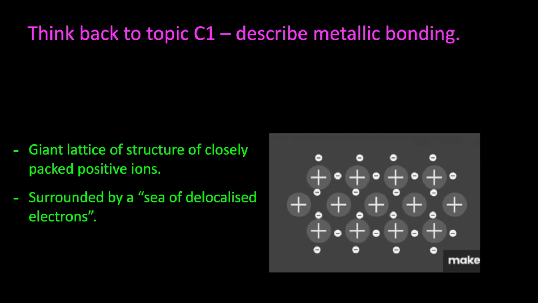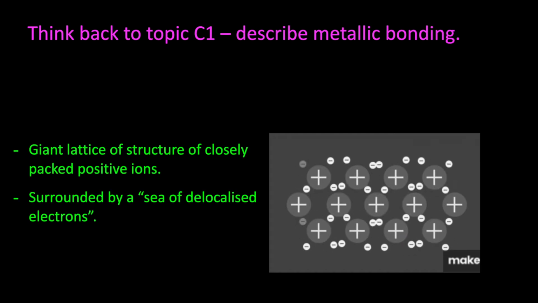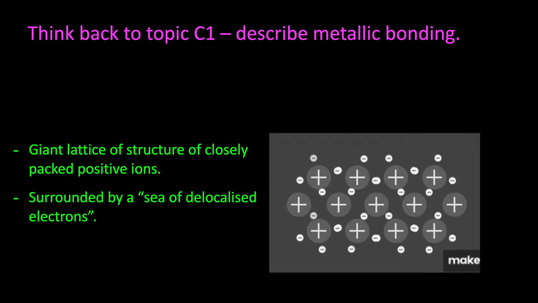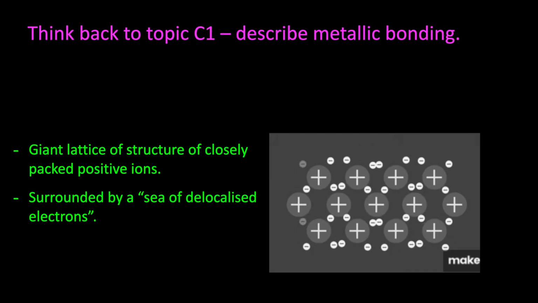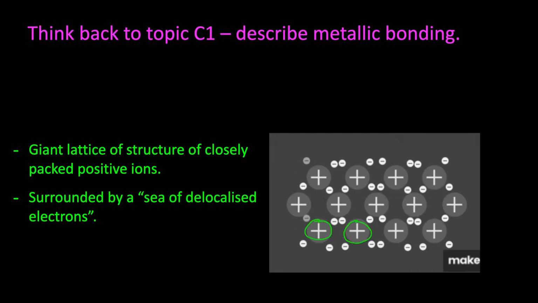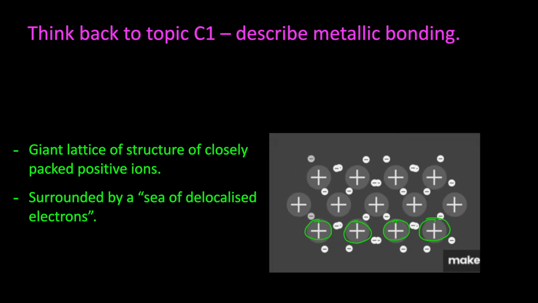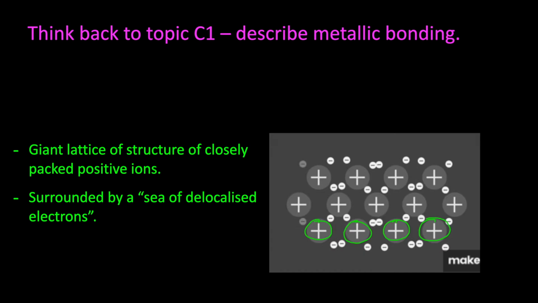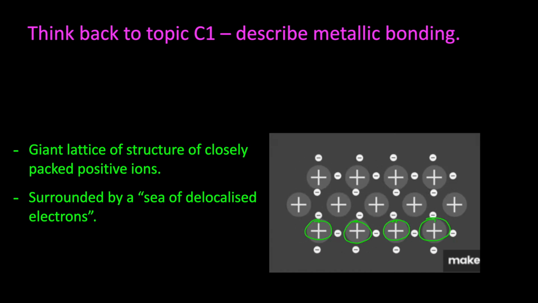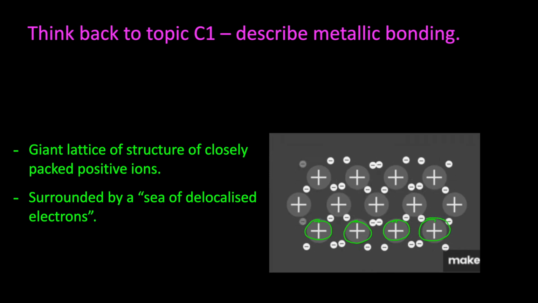The first is that it's a giant lattice of closely packed positive ions. And these are regularly arranged in a giant lattice. And these positive ions are surrounded by a sea of delocalized electrons, as we can see.